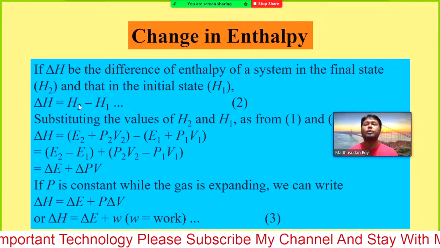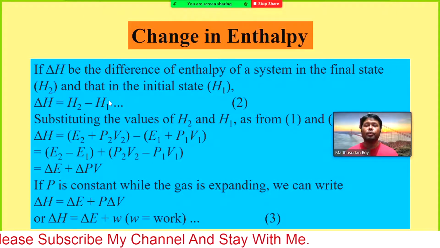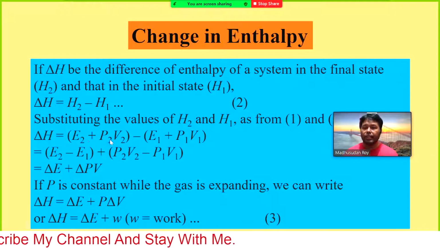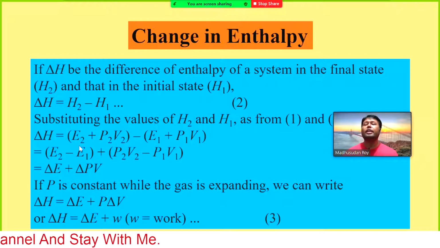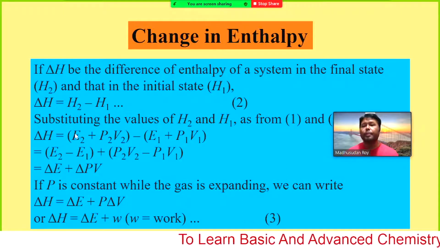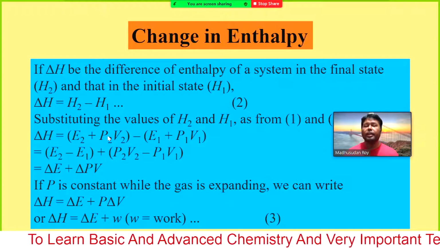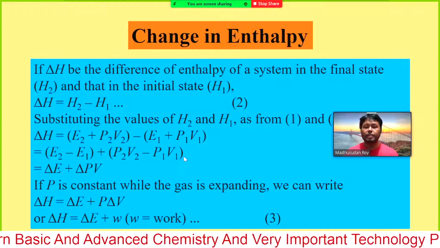Now if we put the values for H2 and H1, as I have already mentioned, H2 equals E2 plus P2V2, and H1 equals E1 plus P1V1. Now we bring the similar terms together: E2 minus E1, and P2V2 minus P1V1.